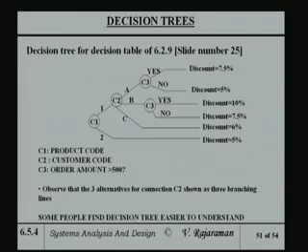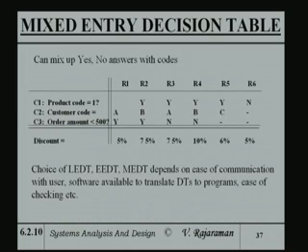Now I am showing a decision tree corresponding to an earlier slide, namely the discount rules. Let us just go back: product code 1, customer code ABC, and order amount.